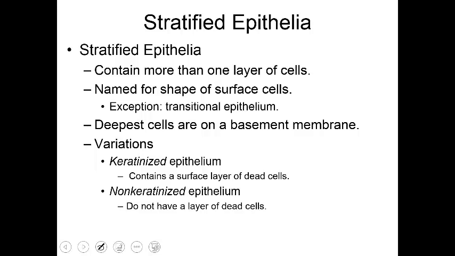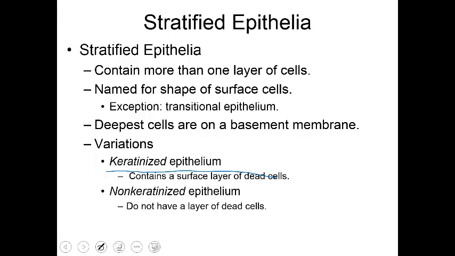Now, in stratified epithelia, you can have multiple layers of the cells wherein the older layers end up dying and accumulating a protein called keratin. Your skin is the perfect example of this, and hence the skin is also referred to as the keratinized epithelium.